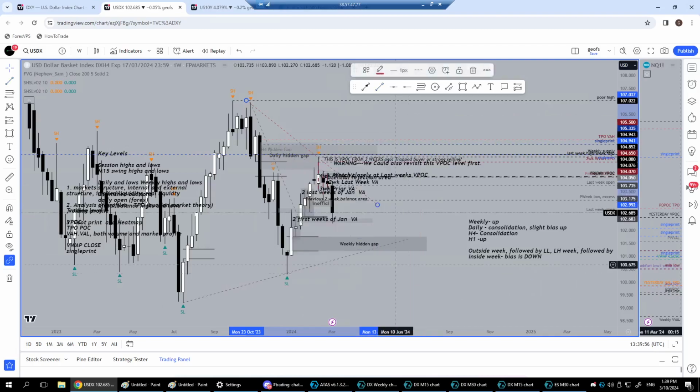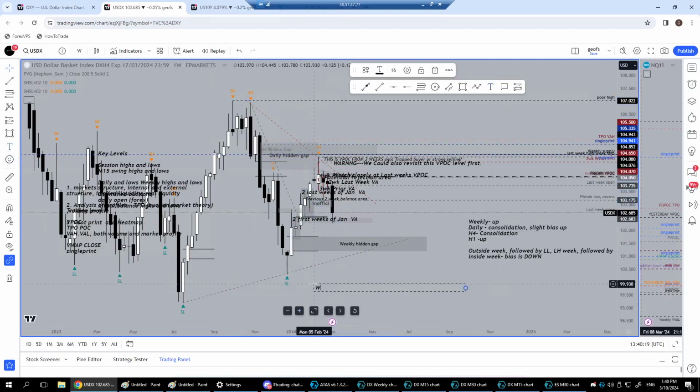It's quite interesting. The dollar is on the weekly time frame. You would call that a consolidation almost. Strictly speaking, what do we have? Higher high, higher low. So weekly is actually in an uptrend, but somewhere between an uptrend and consolidation.